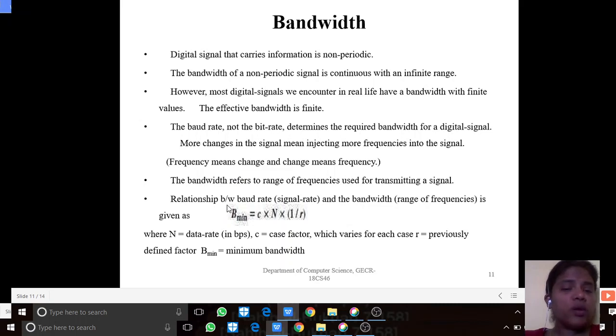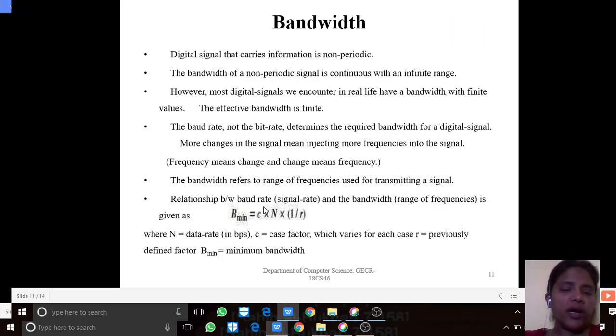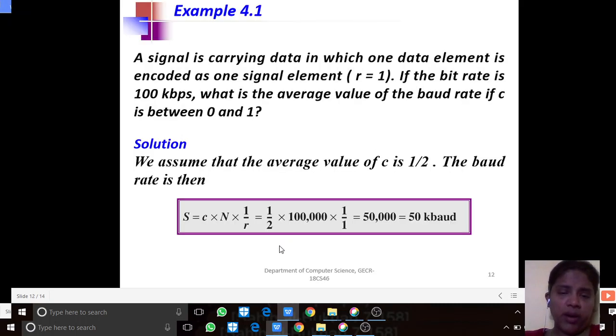So the relationship between baud rate, that is signal rate, and the bandwidth, the range of frequencies, gives the minimum bandwidth: B min = C × N × (1/R), which is the same as before, because signal rate and baud rate are the same. Here N is the data rate in bits per second, C is the case factor which varies for each case, and R is previously defined. So B min is the minimum bandwidth.